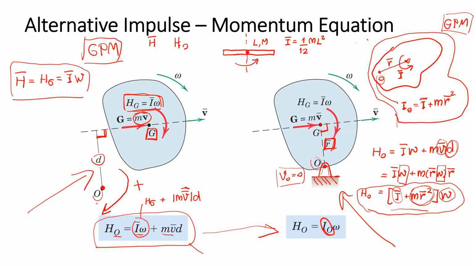If you change the axis of rotation to consider the moment of inertia about this point instead, what's gonna happen for the moment of inertia about point O?